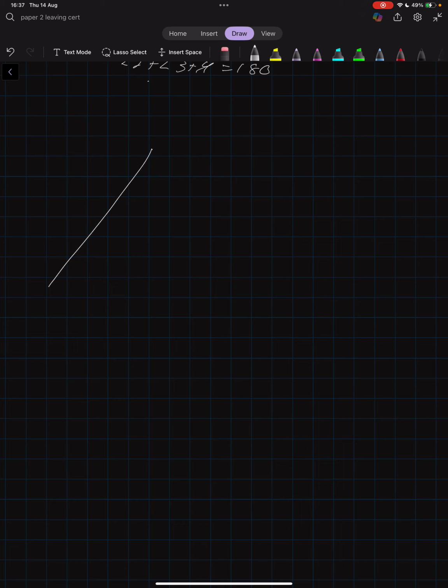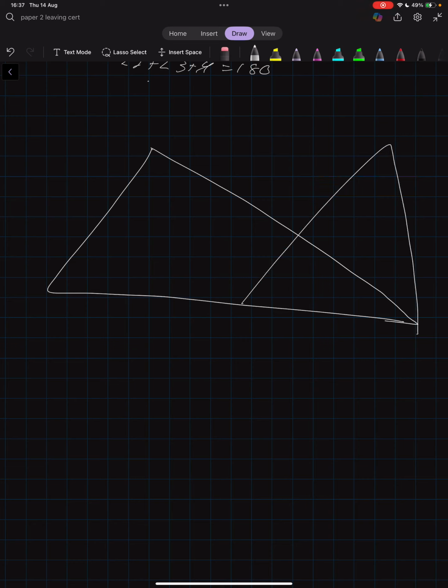You have one triangle here, and you have another triangle here. Now this second one is equilateral, and this angle here is 33. This is angle A, this is angle C, this is angle 51, and this is B. They're basically asking you to figure out what A, B, and C are.